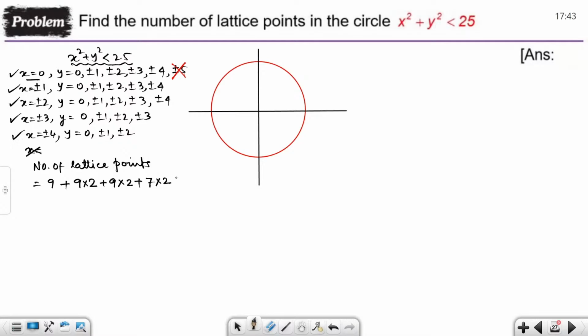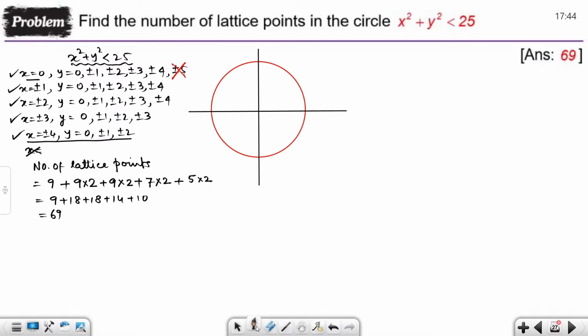And when x is plus minus 4, for x equals 4 we are getting 5 lattice points, and for x equals minus 4 again we are getting 5 lattice points. So the total number of lattice points gives us 69. Is it clear? Therefore, the total number of lattice points is 69.